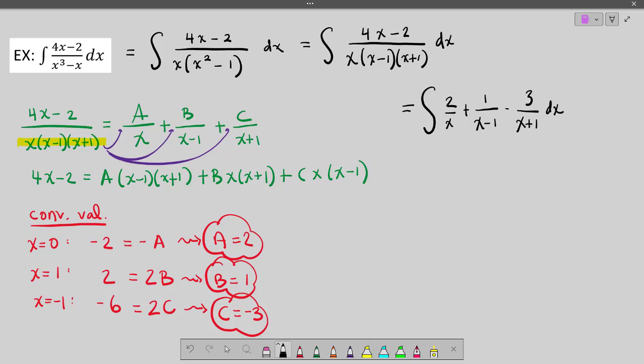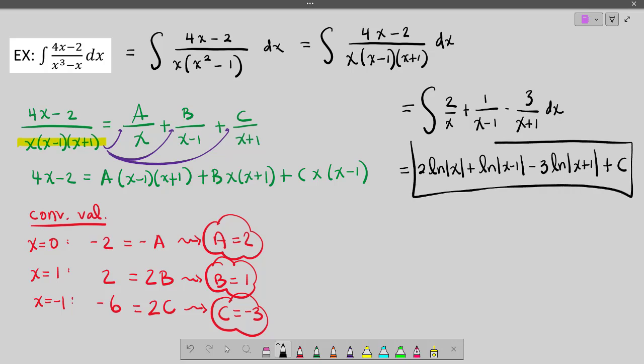All of those are in log form, so we can cut to the chase really nicely. 2 natural log absolute value of x plus natural log of x minus 1 minus 3 natural log of x plus 1 plus c.